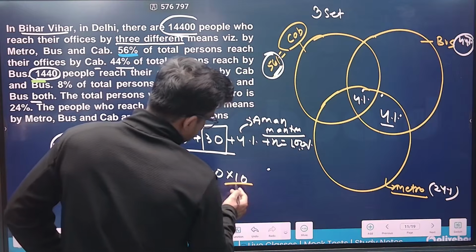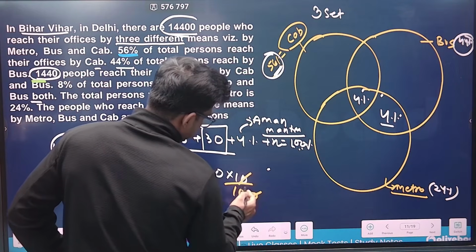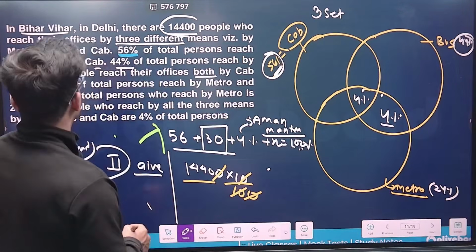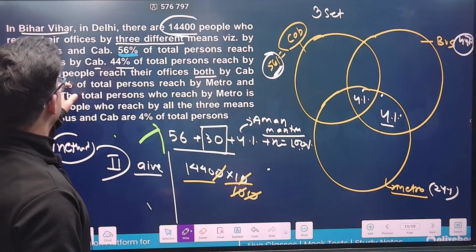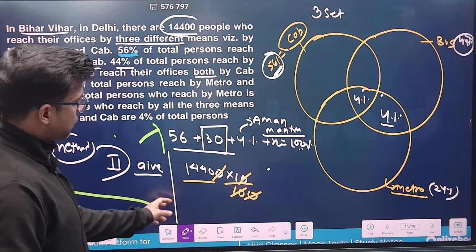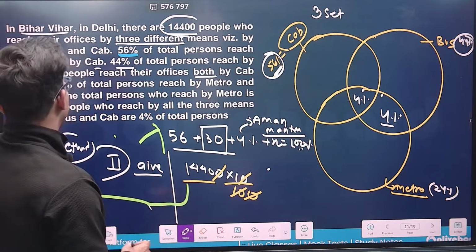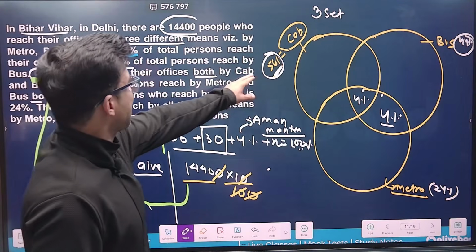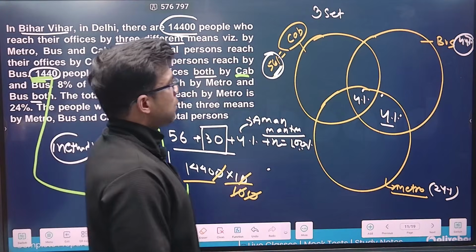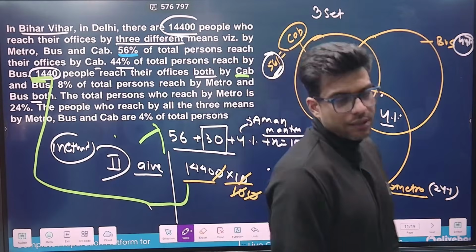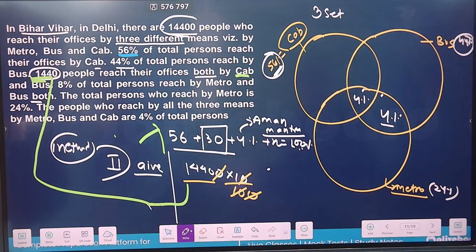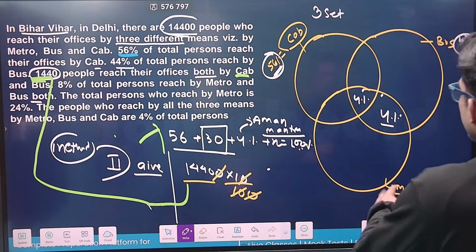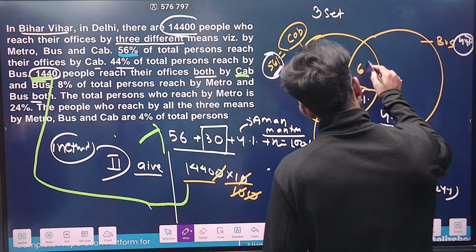10% of this is basically 1440, which is also mentioned here, 14400. See, 1440. So can I say this was a cab plus the bus? So this is basically 10%. If this is 10%, then if this is 4%, this would be 6%?